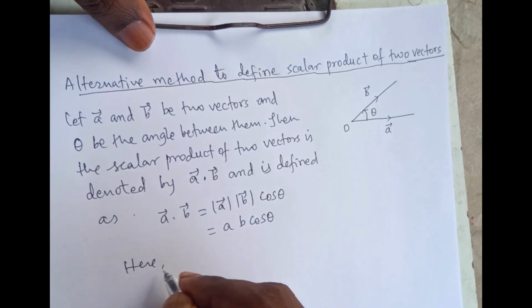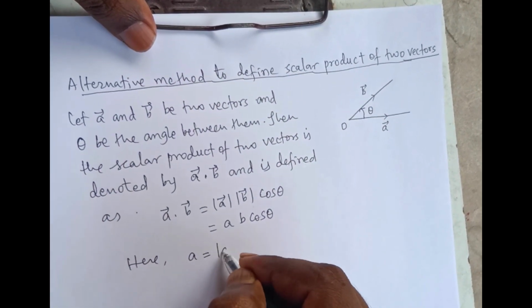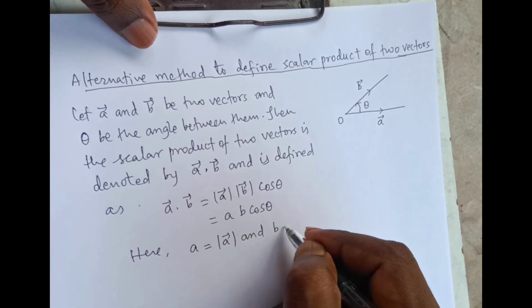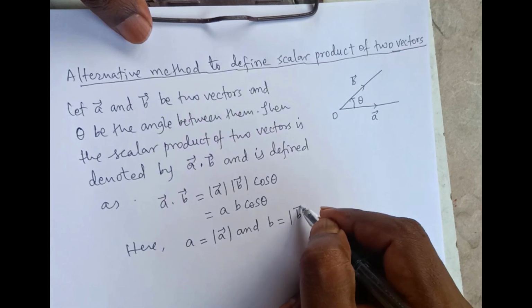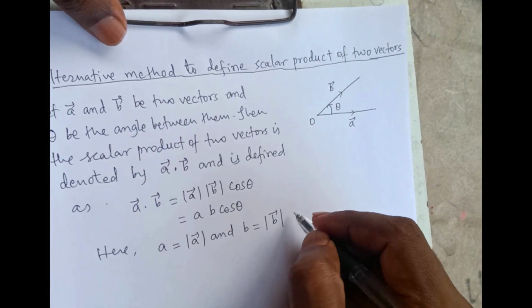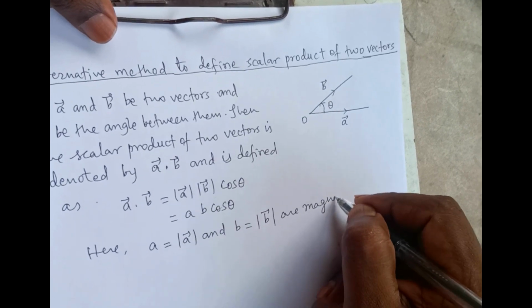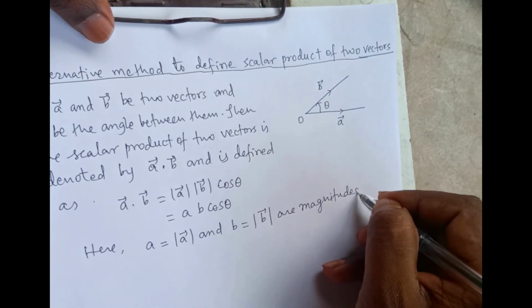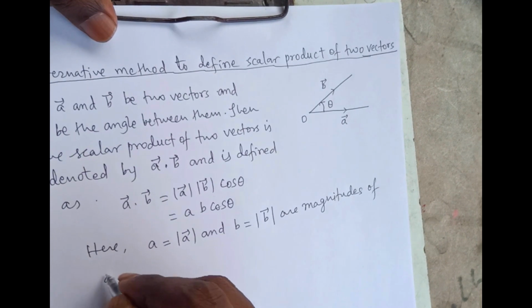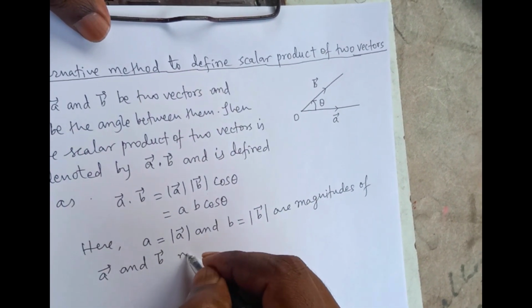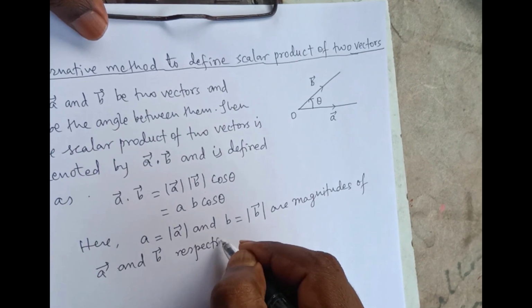Here a is equal to modulus of a vector and b is equal to modulus of b vector, the magnitudes of a vector and b vector respectively.